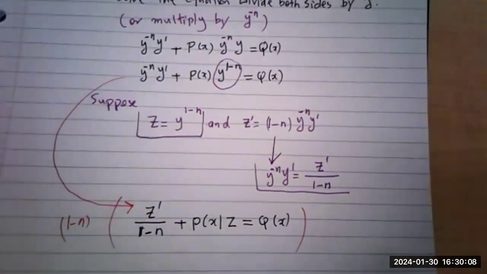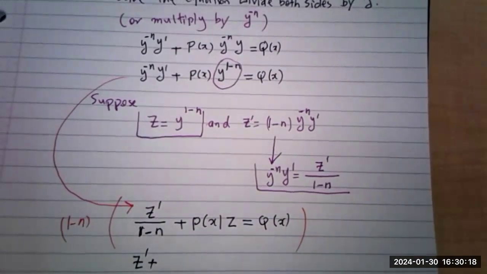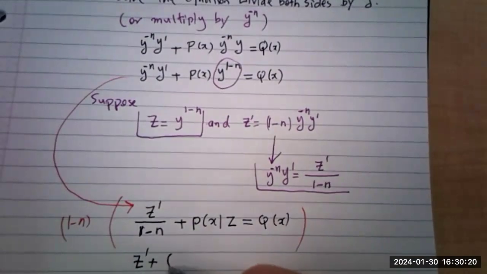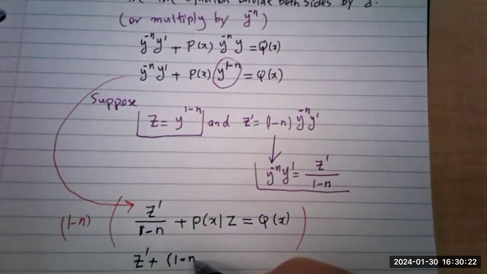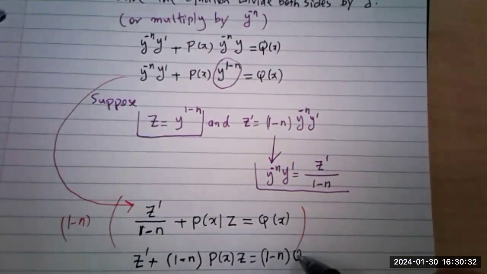The result would be z prime plus (1 minus n) p(x) z. And this is going to be simply (1 minus n) q(x).